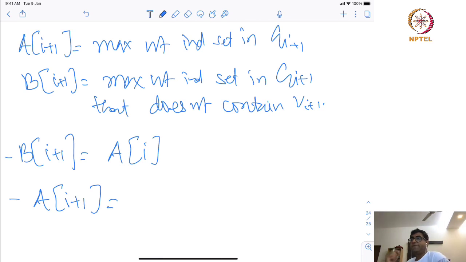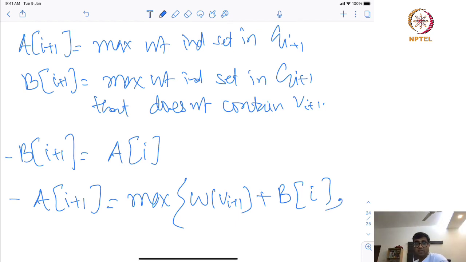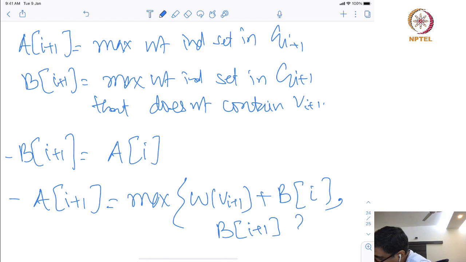If it contains v_{i+1}, then it cannot contain v_i also, which implies that it is a max independent set of G_i that does not contain v_i, which is stored in B_i. So, A_{i+1} is the max of: if it contains v_{i+1}, then weight of v_{i+1} plus B_i; or it does not contain v_{i+1}, and then we already have updated B_{i+1}.